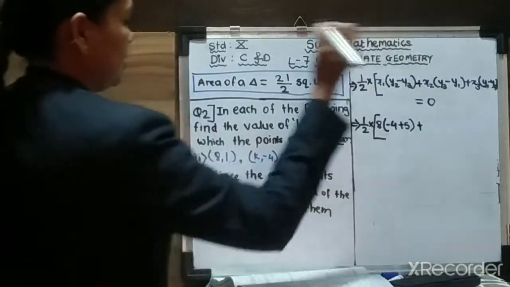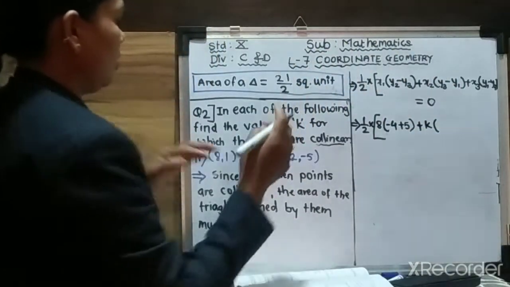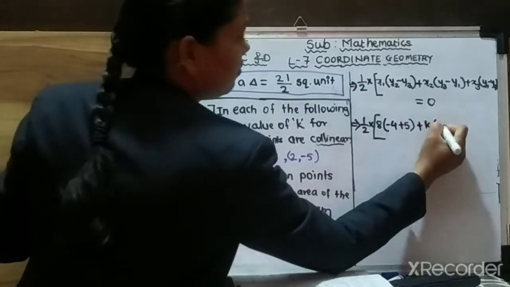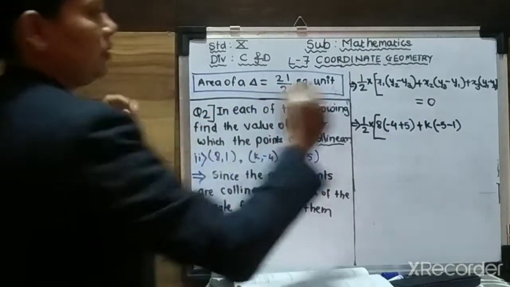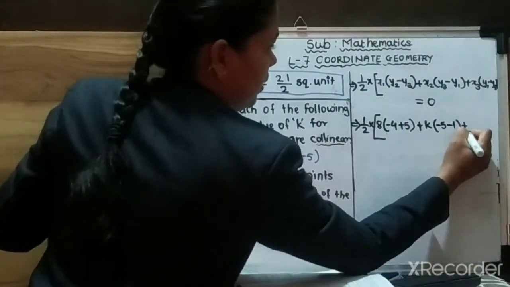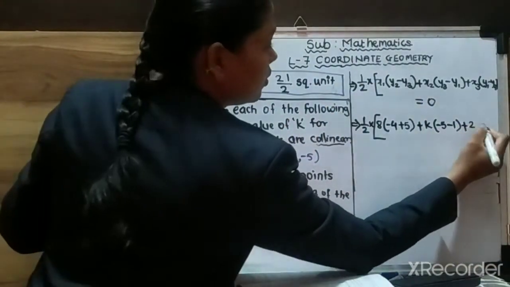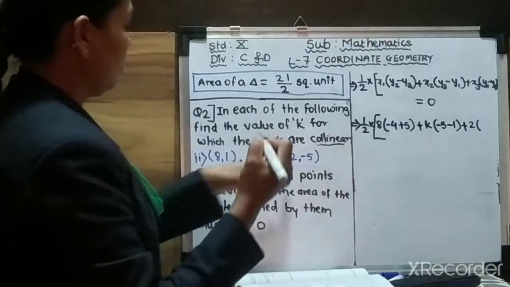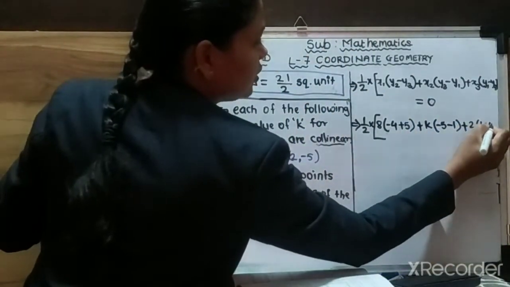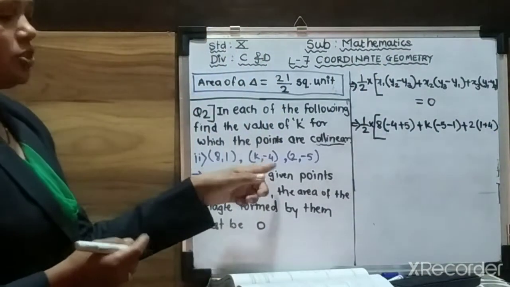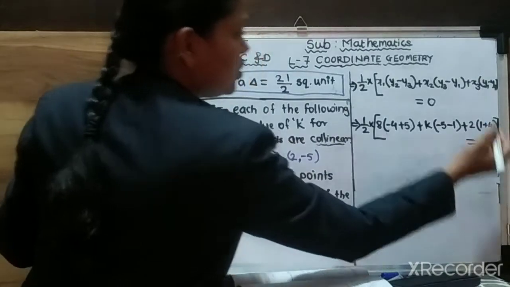Then plus x2 is k, so we'll write k, and y3 is minus 5 minus 1, y1 is 1. Then plus x3 is our 2, inside a bracket we have y1 minus y2, so 1 plus 4, because minus 4 becomes plus 4, and this equals to 0.